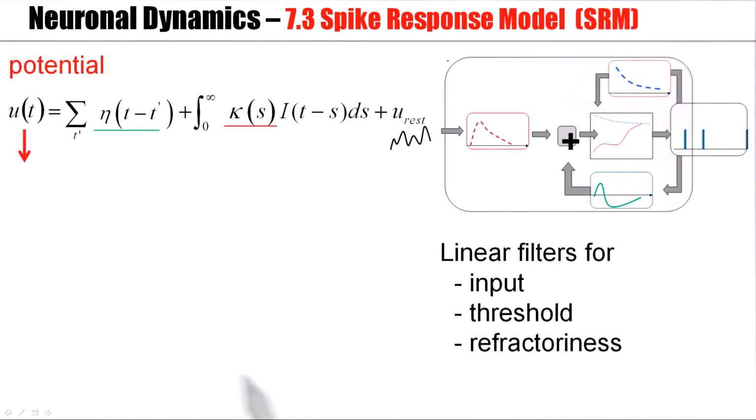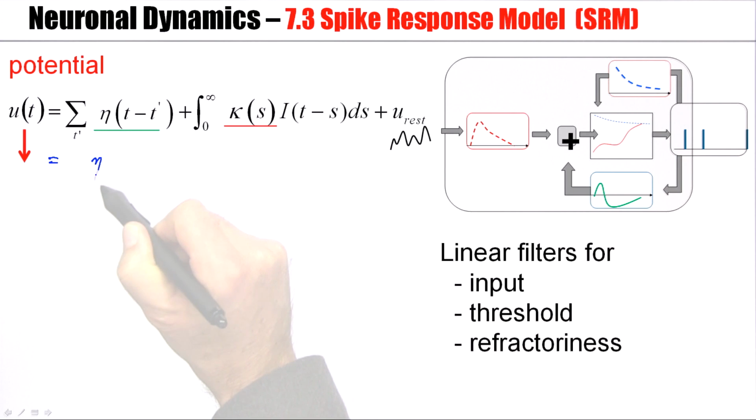Now, let me work a little bit on this potential equation. I said this is the filter eta here that gives the feedback of an output spike onto the dynamics of this neuron, the very same neuron. Now, let's rewrite this term in a slightly more complicated fashion.